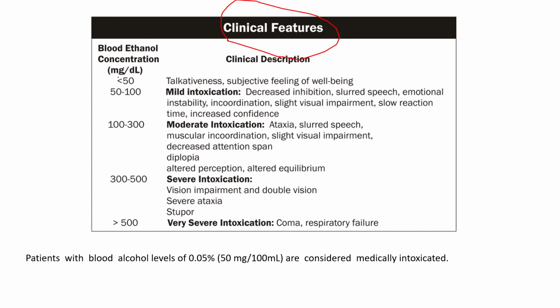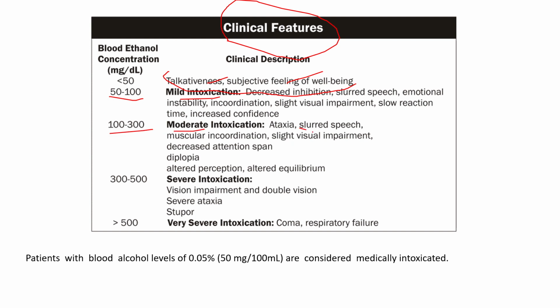If the patient has 50 milligram per dl or less, the patient will manifest symptoms like talkativeness and feeling of well-being. 50 to 100 milligram per dl, mild intoxication. 100 to 300 milligram per dl, moderate intoxication.